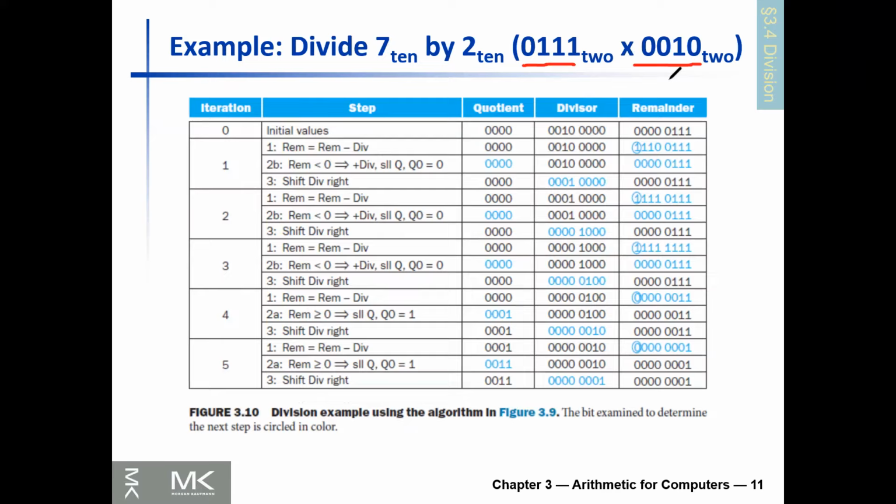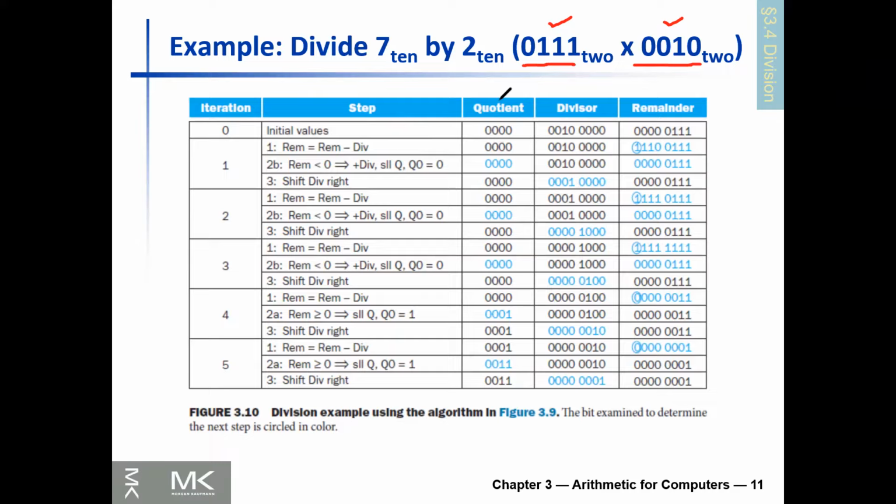I told you the iteration count depends on the size of the number, which is 4 bits long. So how many times do I have to repeat this step? As I said, the size of the register plus 1 extra. So the iteration will be 4 plus 1, that is 5 times.